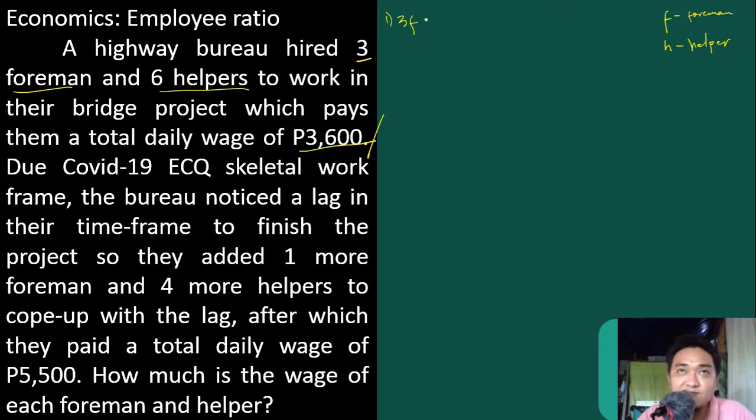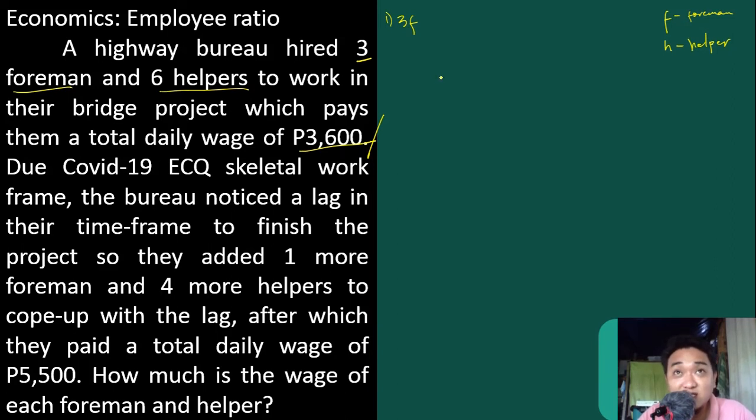Bakit 3F? Kasi halimbawa meron kang 3 foreman, tapos yung pasweldo bawat foreman 600. So paano natin malalaman yung total daily wage para sa foreman lang? So that is 600 times 3. O 6, 12, 18.